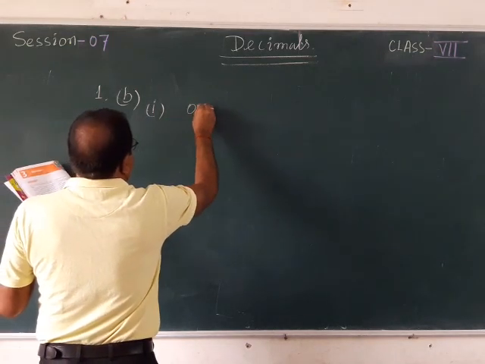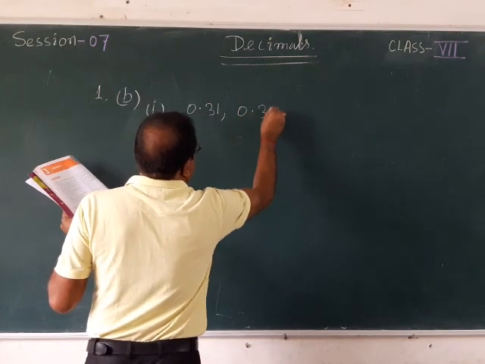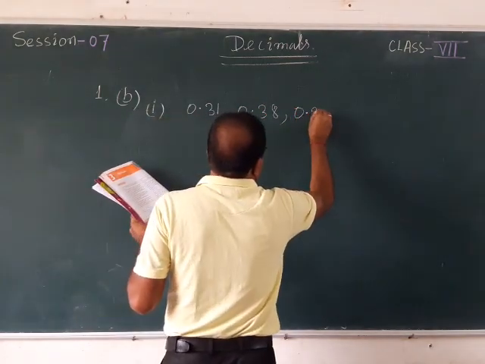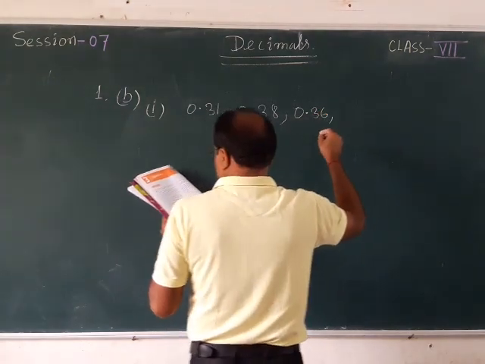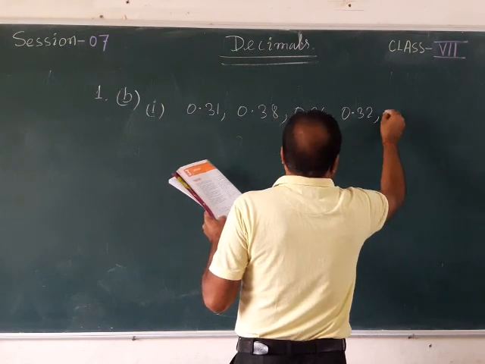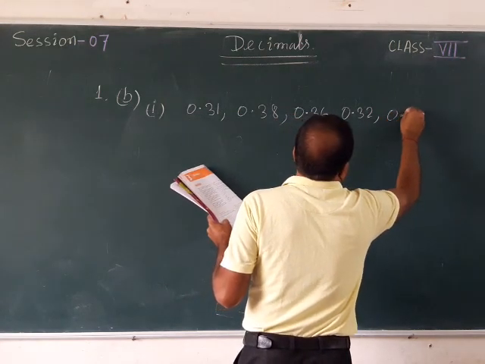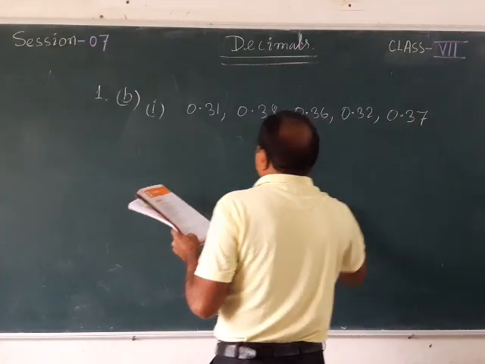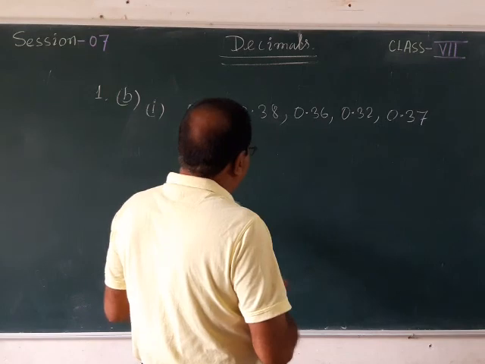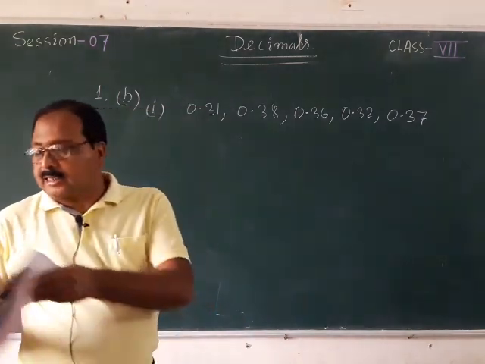What is the question? 0.31, then 0.38, then 0.36, then 0.32, then 0.37.